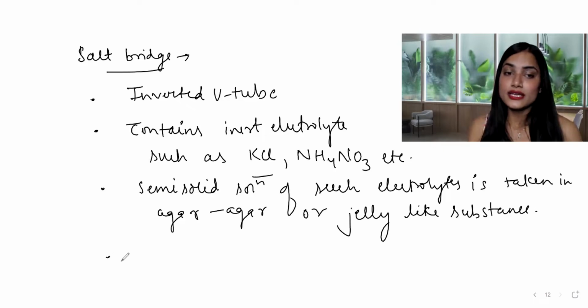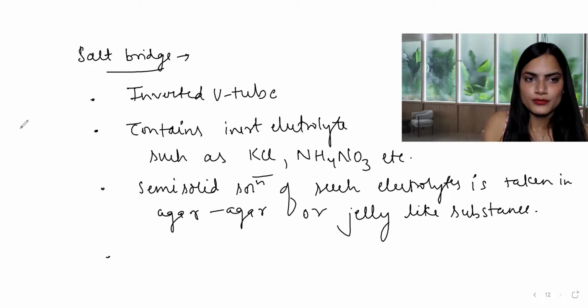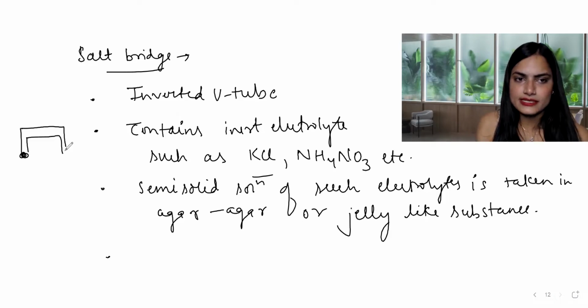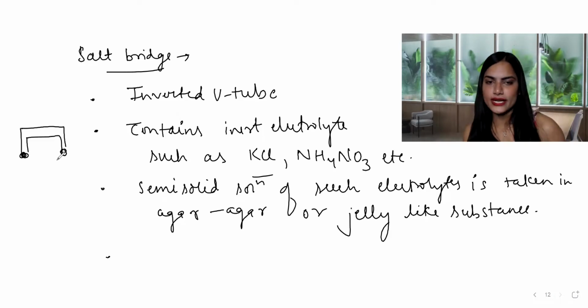Also, the ends of this U tube are plugged with some porous material like wool or cotton, so that the electrolyte cannot go directly.